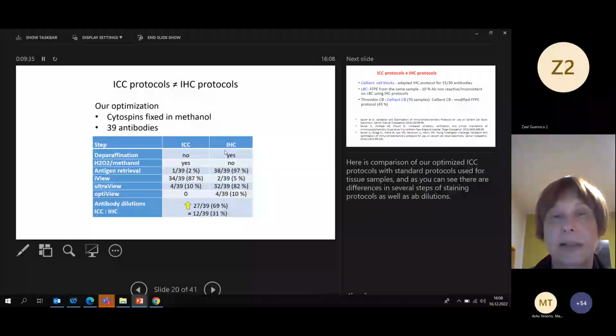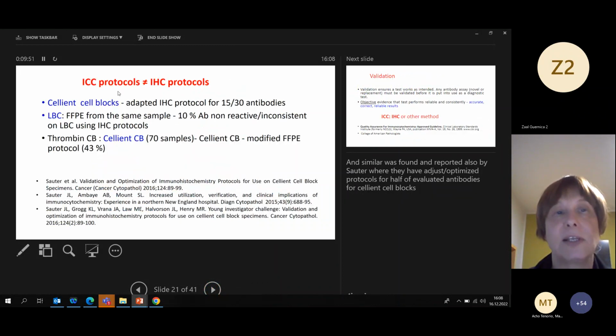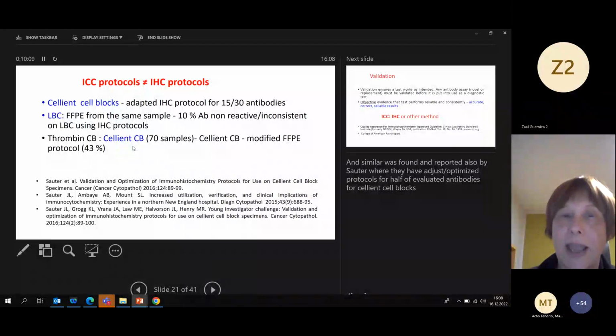There are differences in several steps, of course, in antibody dilution, in pretreatment and deparaffination, which is not necessary for methanol-fixed cytospins. Similarly, that ICC protocols are not exactly the same as IHC protocols was reported by Sauter and her colleagues, for example, for saline cell blocks, where it is also necessary to adjust IHC protocols for the majority of antibodies.